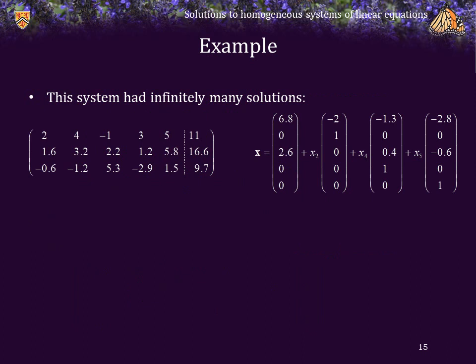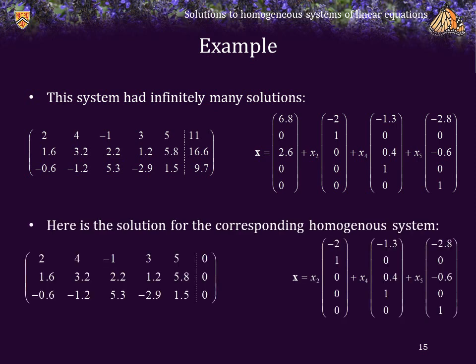When we previously solved this system, we found that there were infinitely many solutions, specifically a constant vector plus all linear combinations of 3 specific vectors. Well, here is the solution to the corresponding homogeneous system. As you will note, the solution looks eerily familiar.